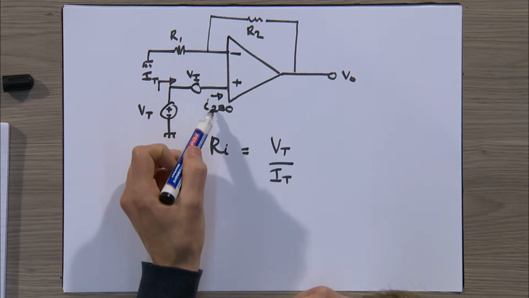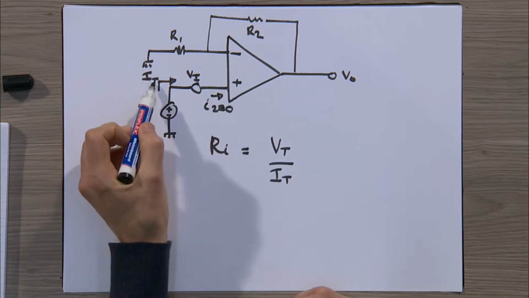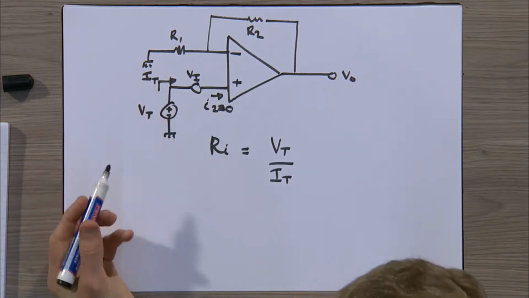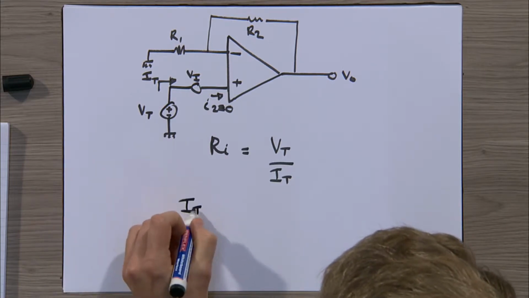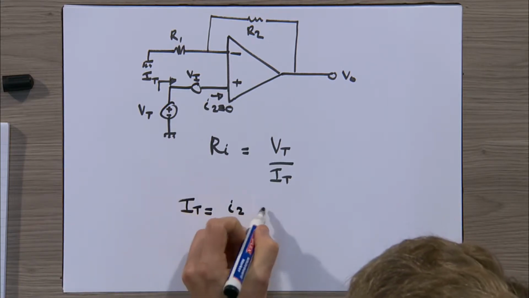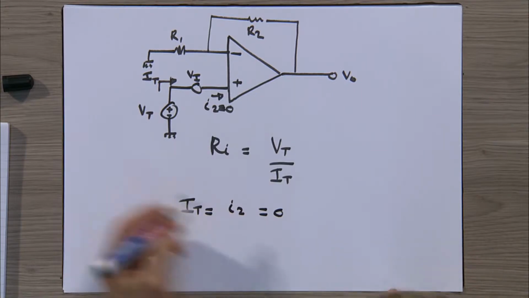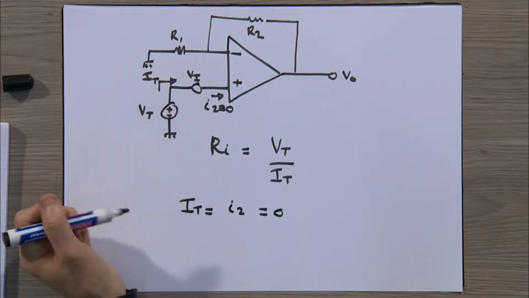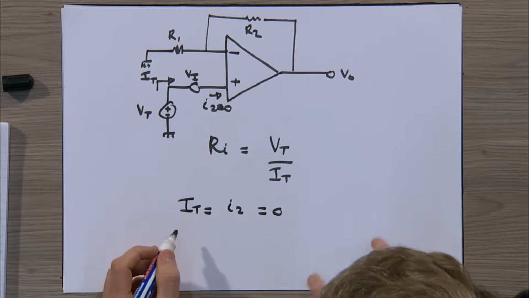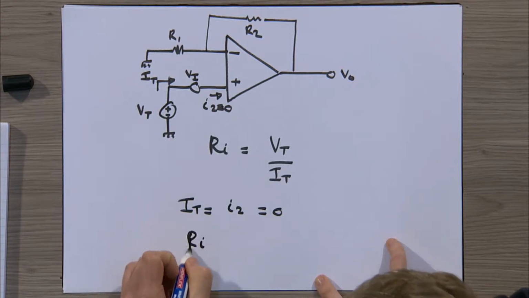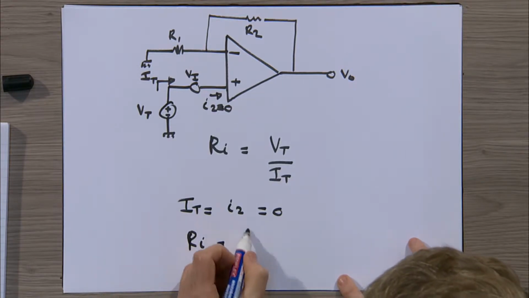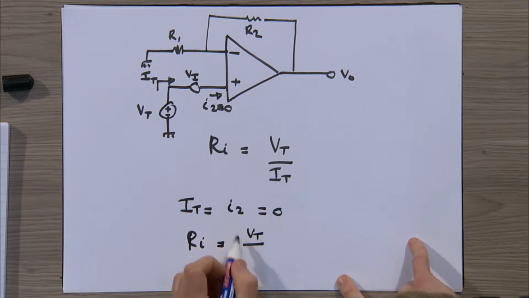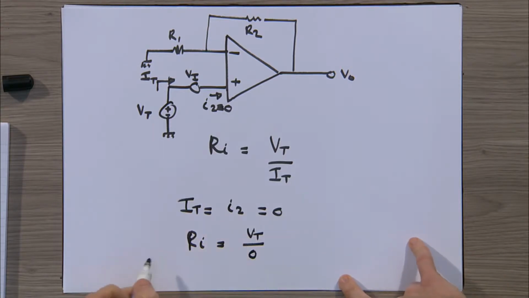So that means if I2 is equal to 0, IT is also equal to 0. So I can say IT is equal to I2, and that is equal to 0. And that's one of the properties of our operational amplifier. So to determine Ri, we have VT, whatever that test voltage is, divided by 0.